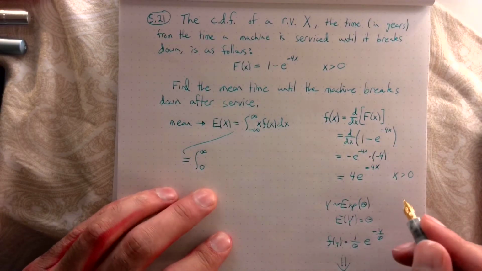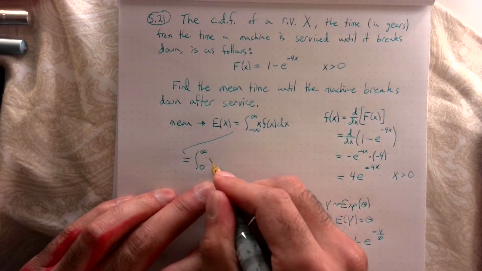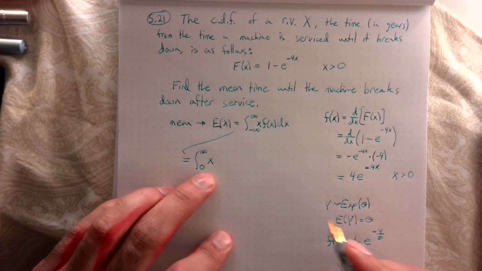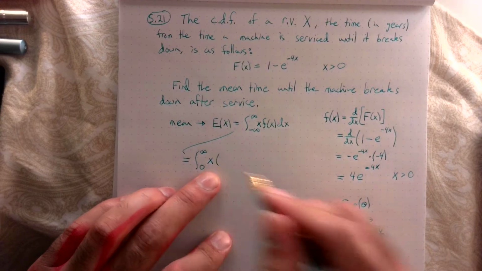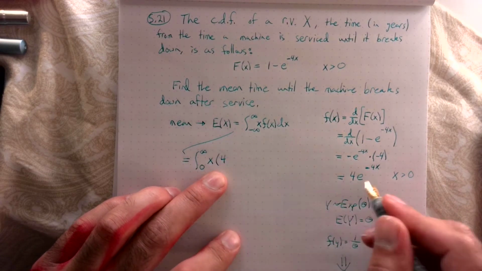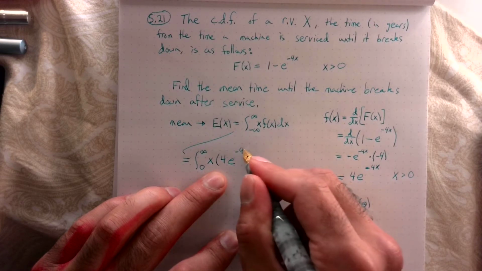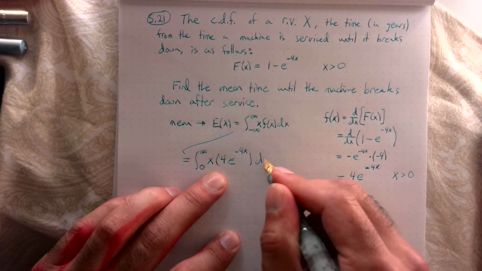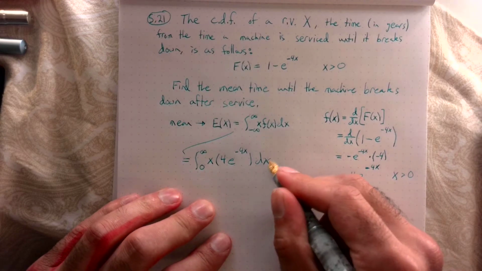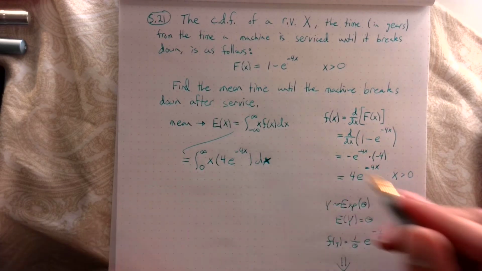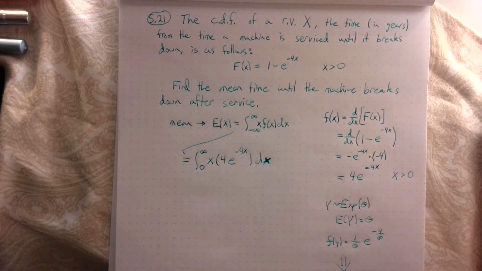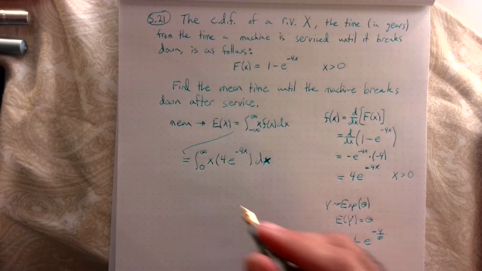But anyways, this is going to be the integral from 0 to infinity of x, and then our PDF is going to be 4e to the minus 4x dx. We're going to have to use integration by parts, which I'm just realizing. Do I really want to do that? Sure, I will. That's fine.